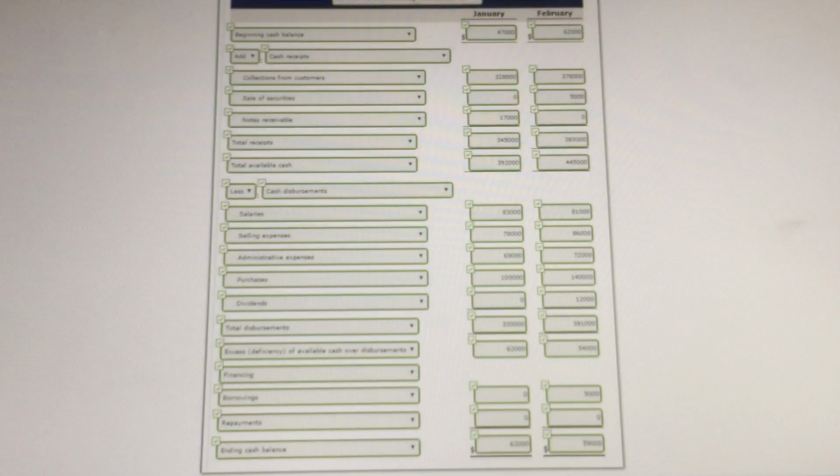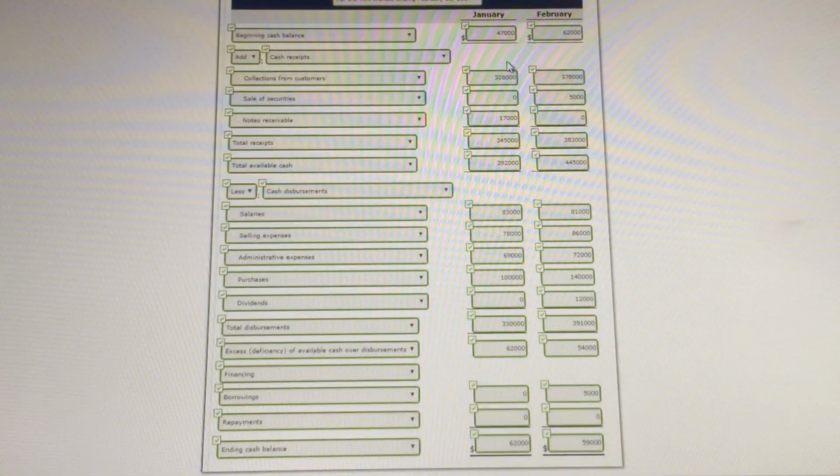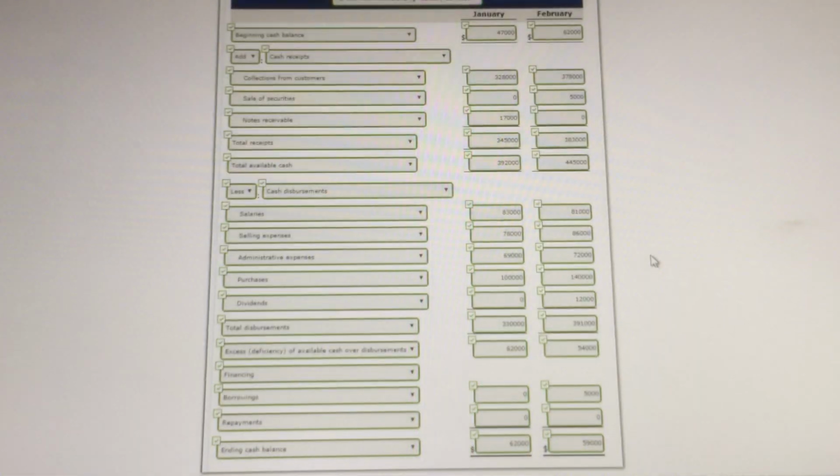I would actually do the whole thing as you think the first time around. Just put them all in, and then hopefully you push the right buttons and don't fat finger it, like our instructor always says. But here's the information, here's the final results.